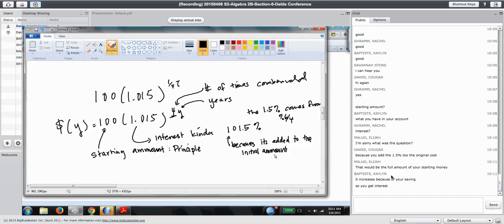Because it was 6% total, but I'm analyzing it 4 times a year. So each time I analyze it, it's 1.5%. Cool?